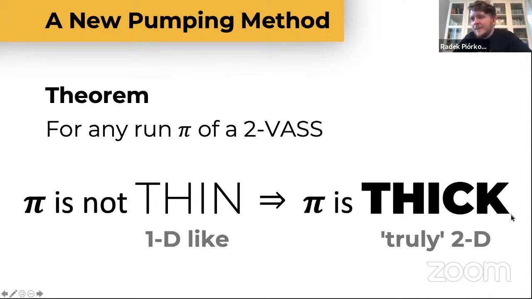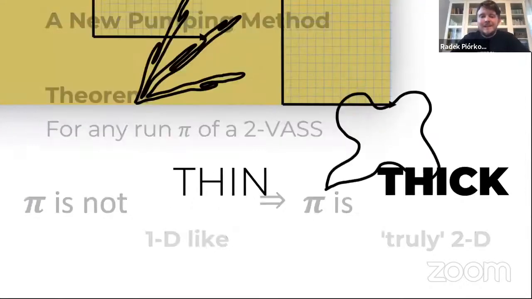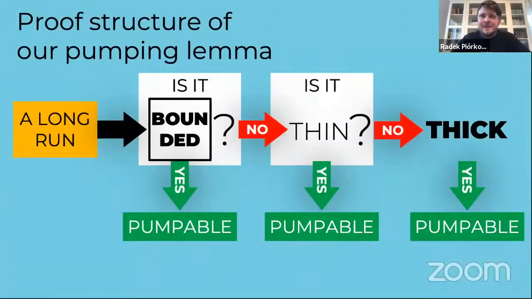The thick runs are specially tailored for pumping, and thin runs, I don't know what to say about them, but the transition is not that straightforward, and it took us some number of pages to prove it in the paper. So all those results that I mentioned now complete the proof of our pumping lemma.